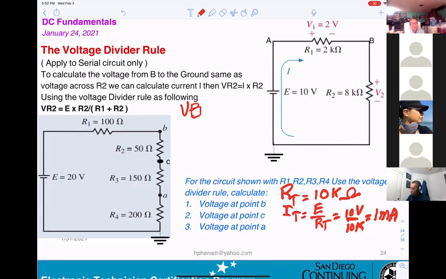Okay? And now, after you get the current I equal 1 milliamp, so VB calculation equals what? Tell me the formula. VB equals 8.